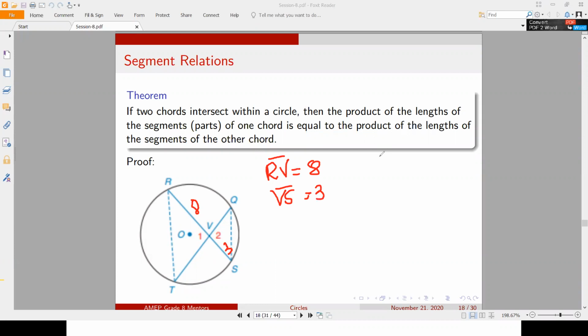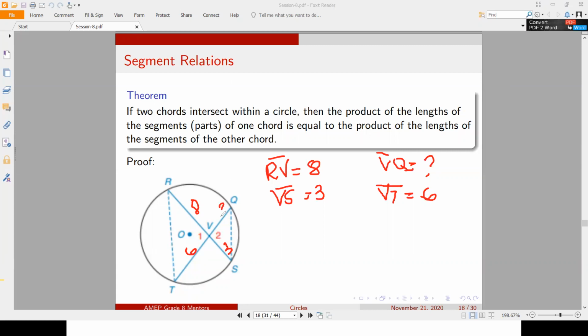What will be the measurement of VQ if VT is equal to 6? Ano kaya raw measurement ni VQ?